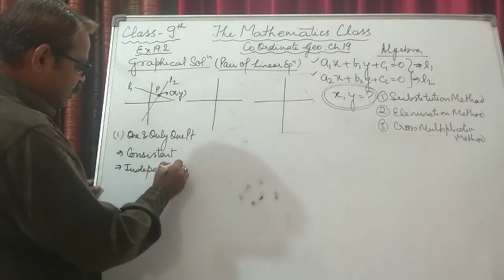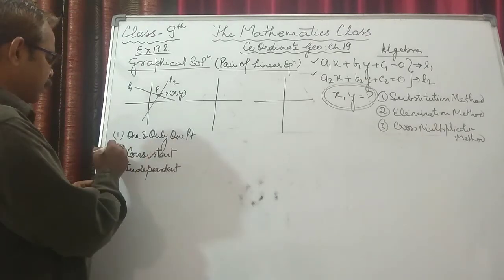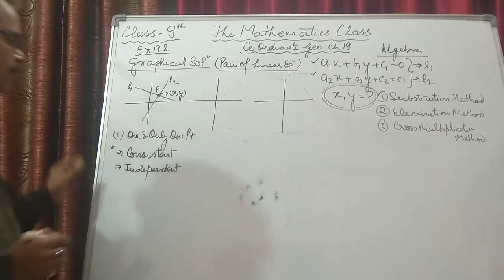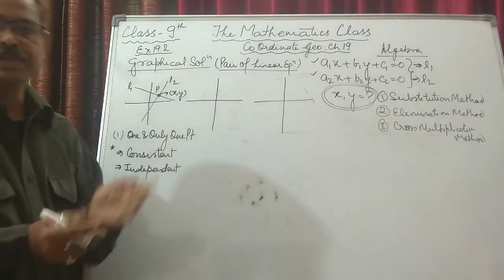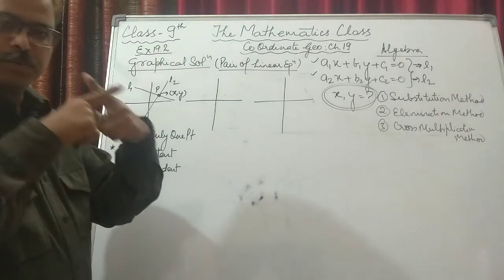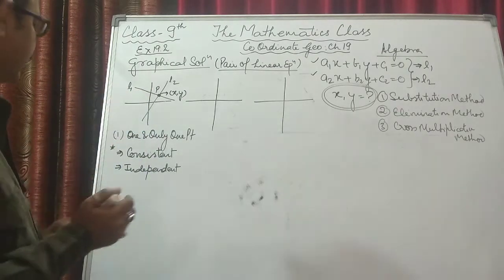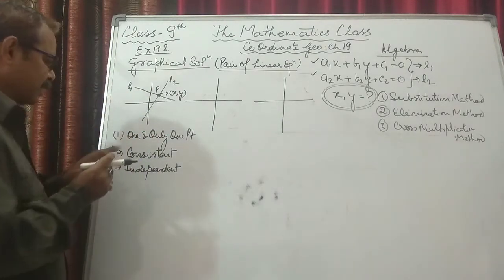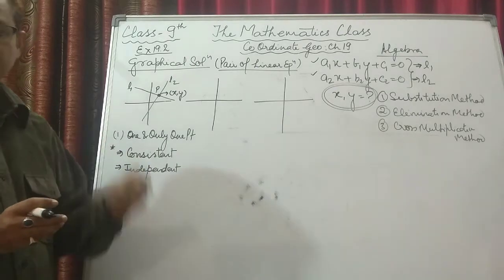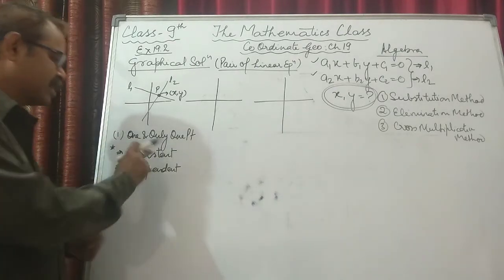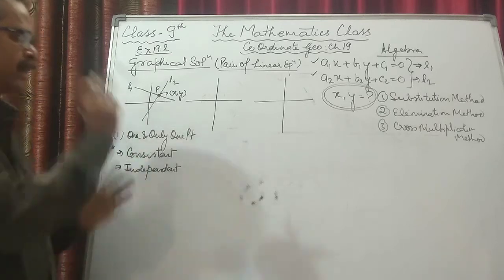These are the two words that you need to remember: when two straight lines intersect each other at one and only one point, the solution of the equations is consistent and independent.